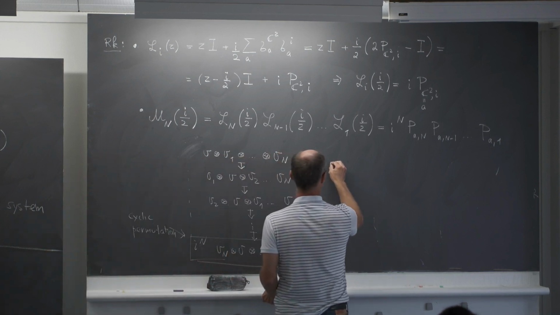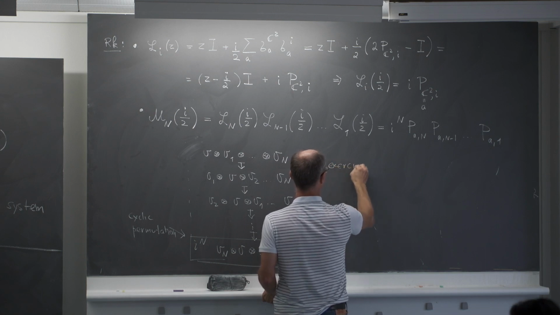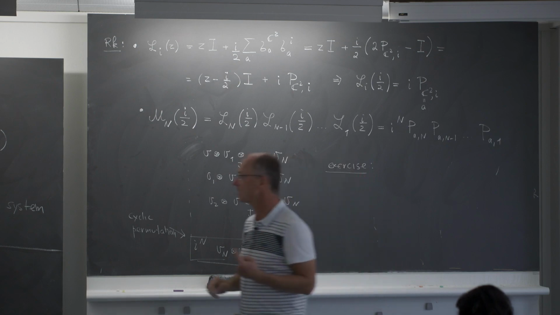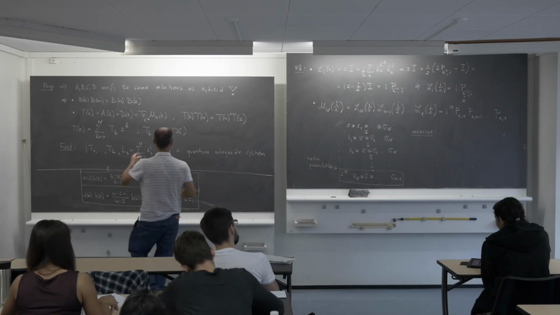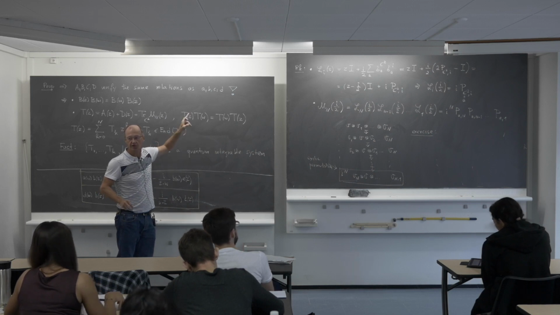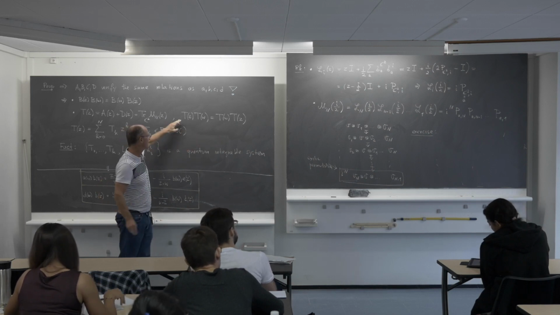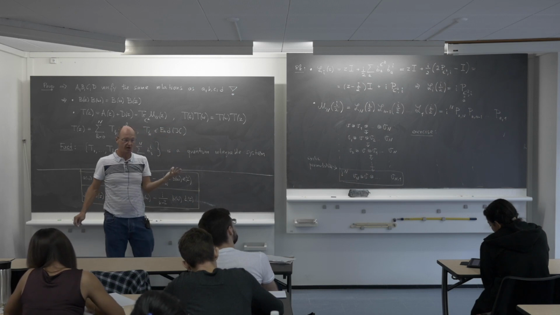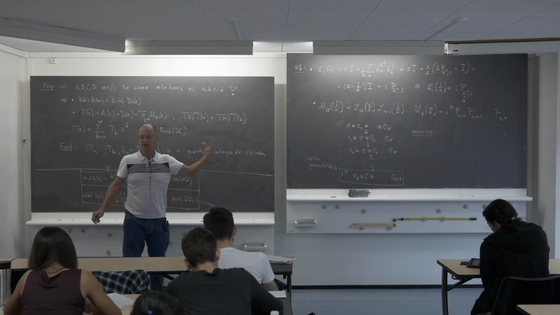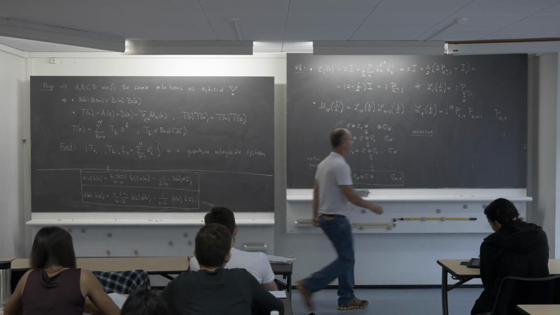Now, here is an exercise. Remember, maybe we are even more interested in the operator T than in the operator M. After all, T is the operator which acts on our Hilbert space, and not on this Hilbert space times the auxiliary space.